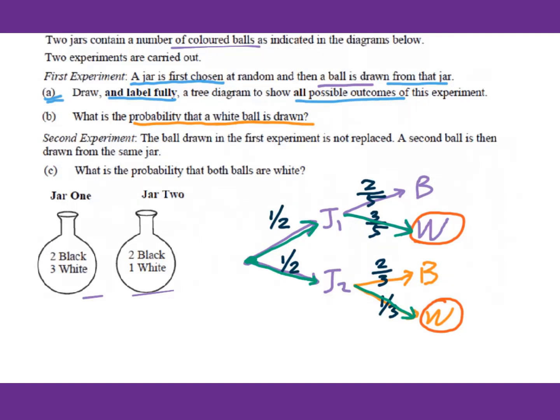Therefore, the probability that a white ball is drawn, you will get 1/2 times 3 over 5 plus 1/2 times 1 over 3.